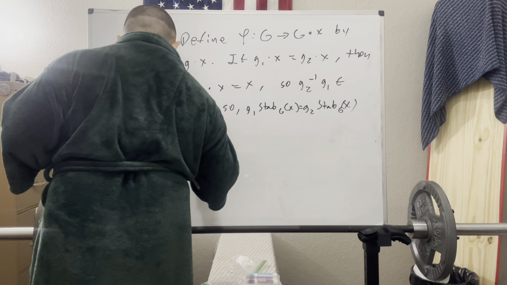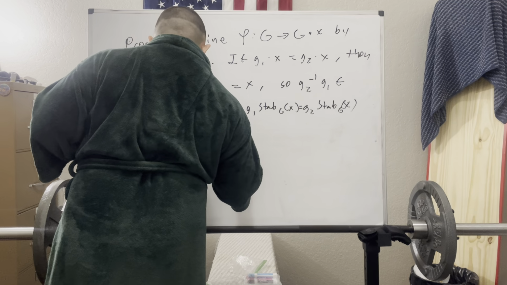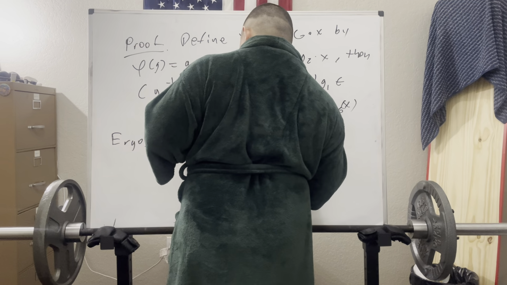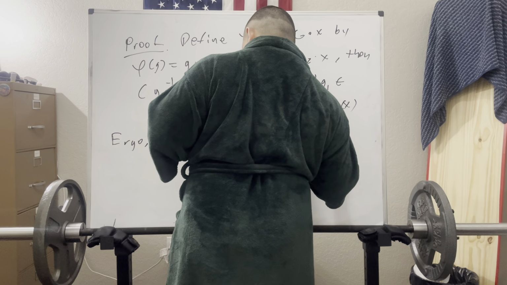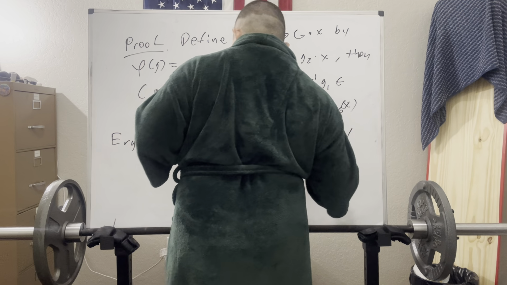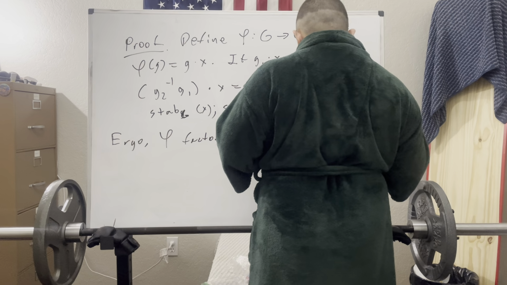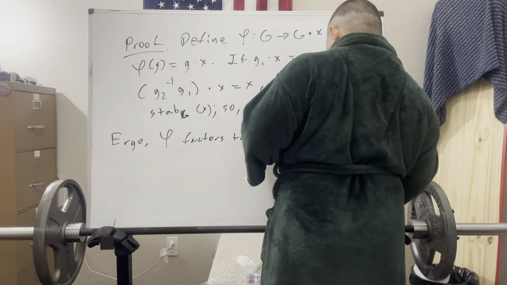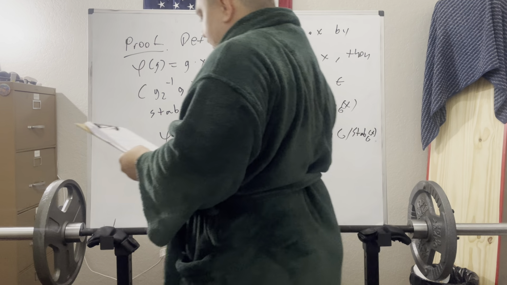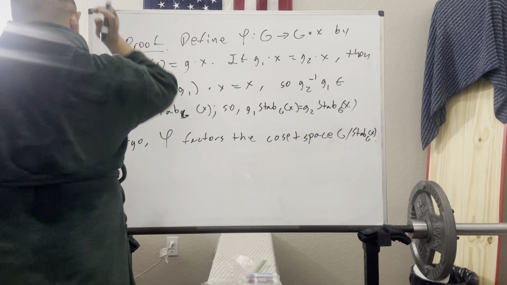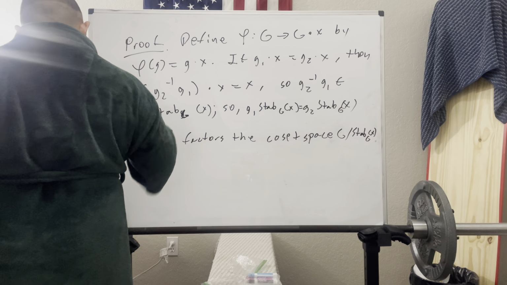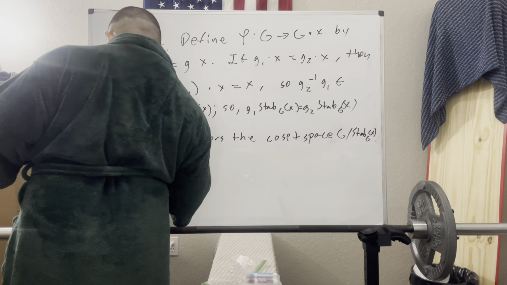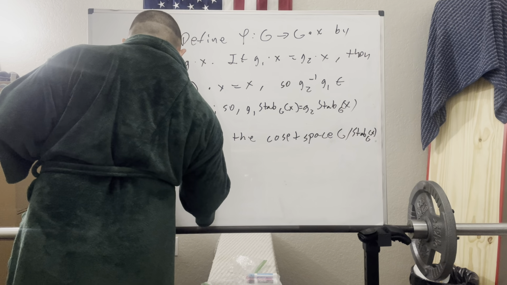Phi factors through the coset space. We haven't really discussed that at length, but just bear with me for now. G, we'll say, divided by the stabilizer of x, the quotient G over stabilizer of x, and induces a well-defined bijection.